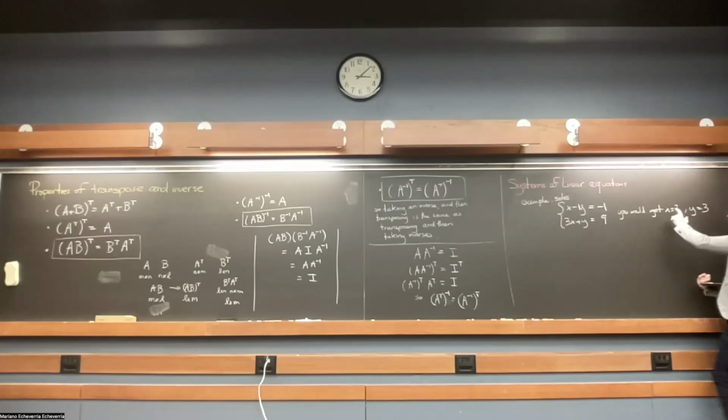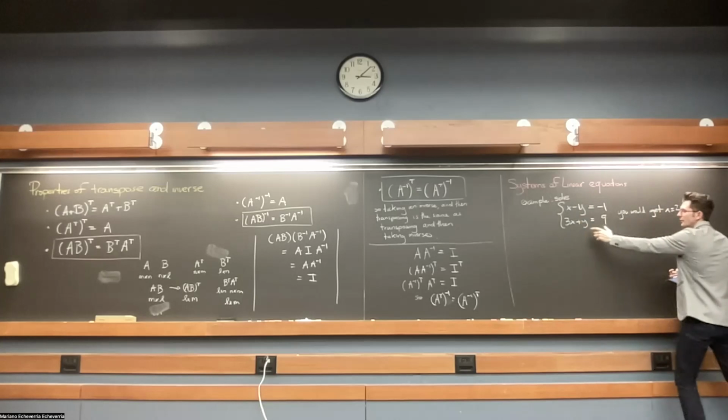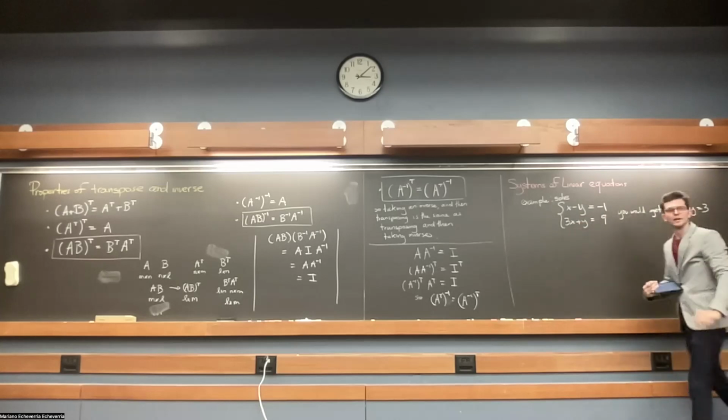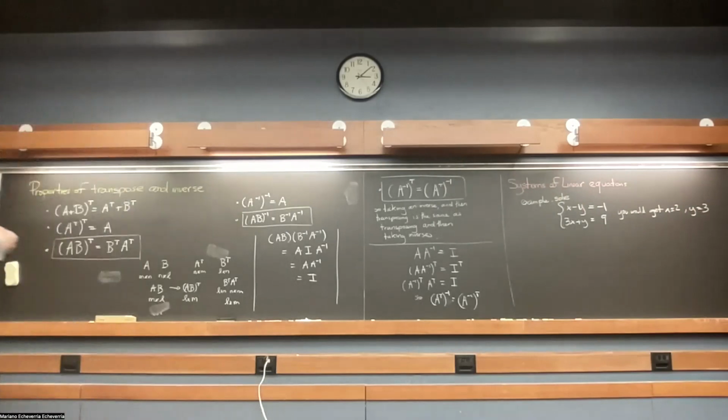That makes sense because if you do 2 minus 3, you get -1, so the first equation is satisfied. And then 3x gives you 6, plus y, which is 3, so 6 plus 3 is 9, right? So that's how this would look.